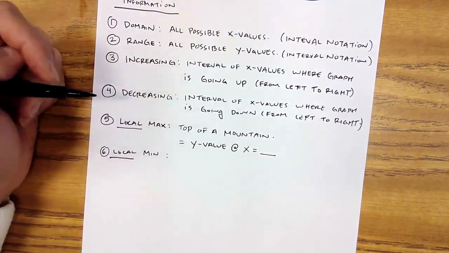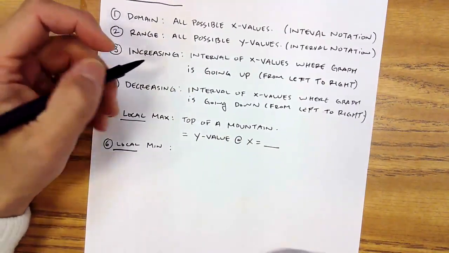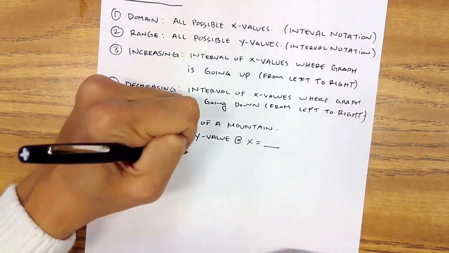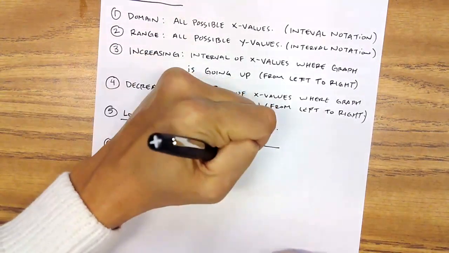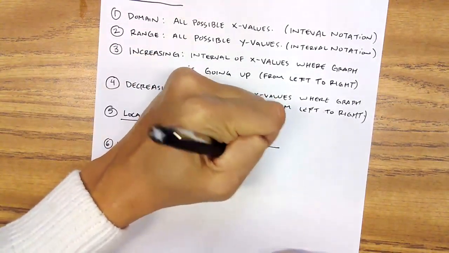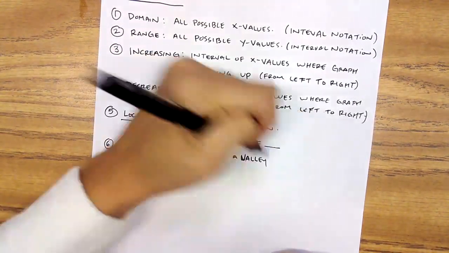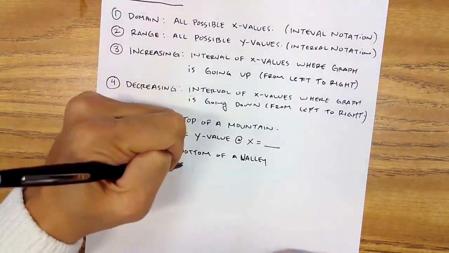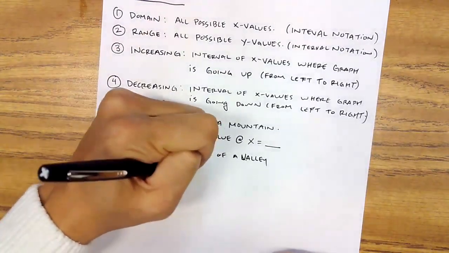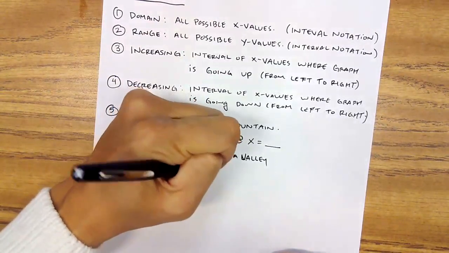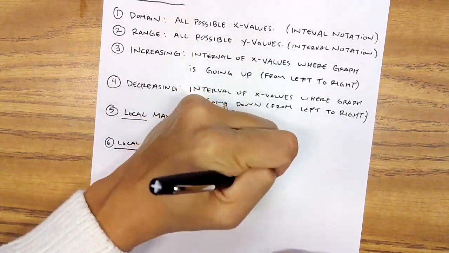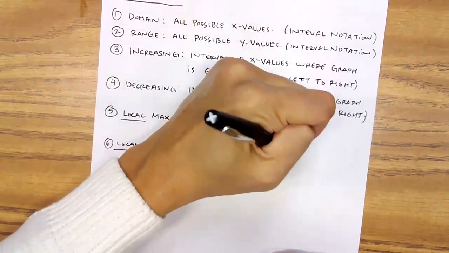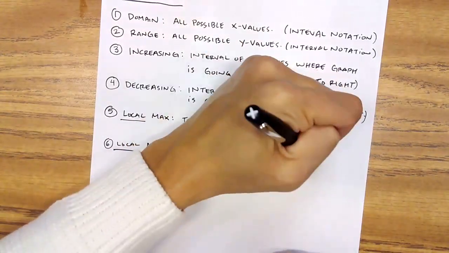So then the local min would be the bottom of a valley. Okay, and again, it will be y value at x equals blank, or the coordinate.